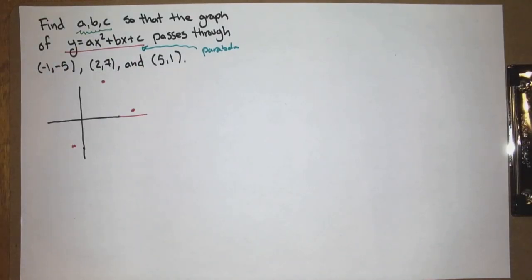So we want to find formulas with A, B, C as the unknowns. So what can we do? Any suggestions, ideas, things to try? I would say a bad strategy is randomly guessing A, B, and C, because there's a lot of possibilities.